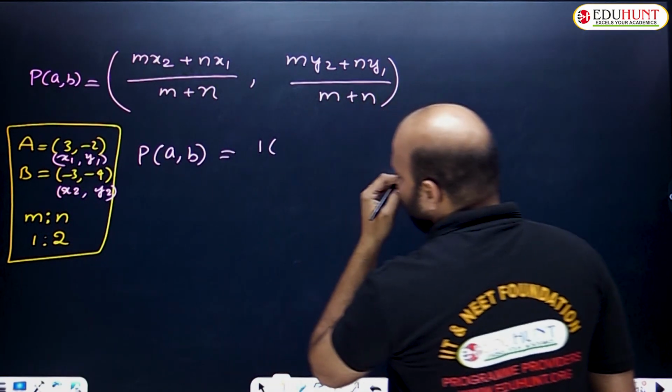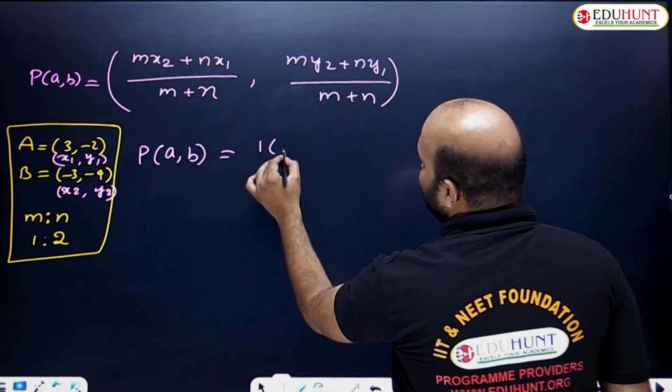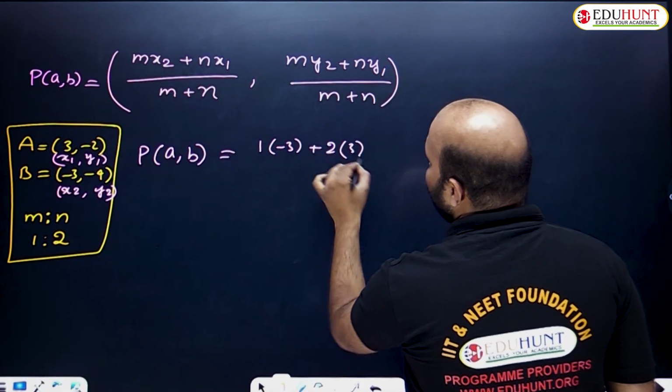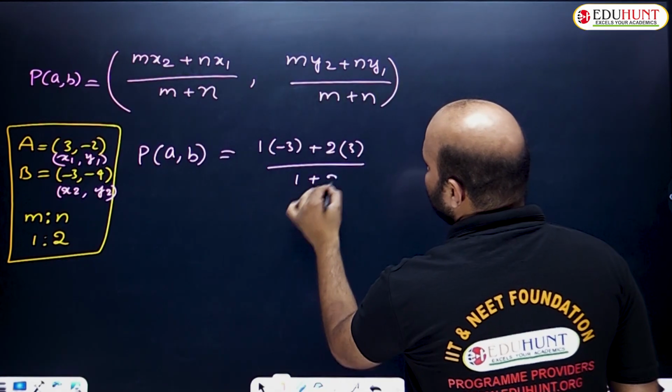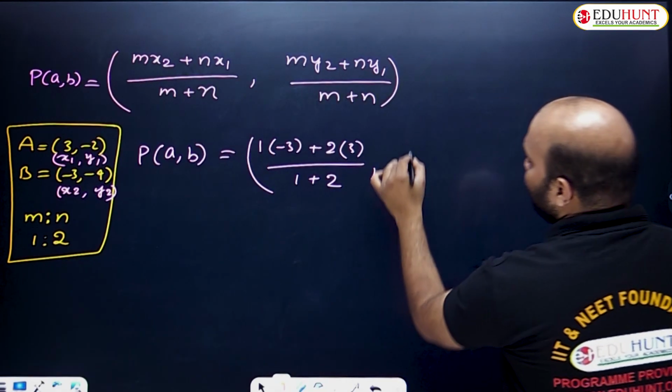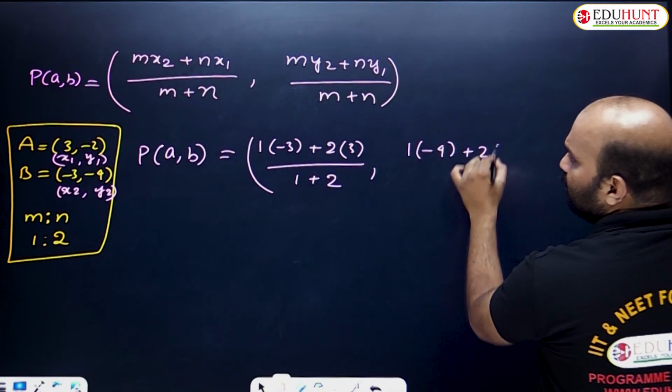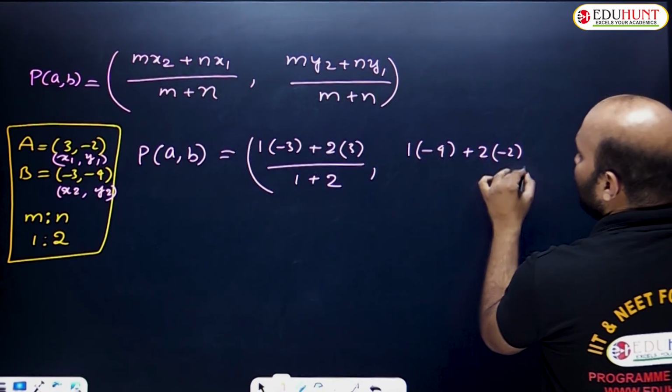So first, m into x2, that is -3, plus n, 2, into x1, 3, whole by m plus n, that is 1 plus 2, comma, again m, 1, y2, -4, plus n, 2, into y1, -2, whole by 1 plus 2.